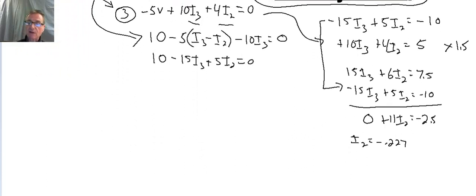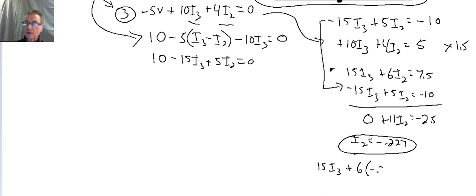So we have I2. How do we get I3? Well, it's easy at this point because now we just plug I2 back into one of our equations. So I'll use, say, this equation here: 15 I3 plus 6 I2, well, I2 is negative 0.227, is equal to 7.5.